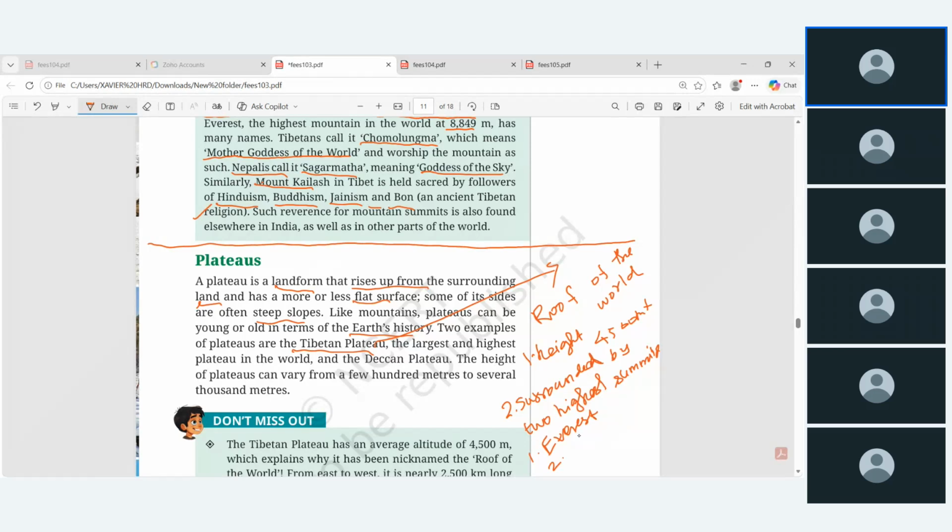Another is K2 peak. Okay, so some other reasons are also there, but these are the major two reasons why the Tibetan plateau is also called the roof of the world. This is additional information I am giving. And another plateau is the Deccan plateau. The Deccan plateau is also called the Deccan Traps.